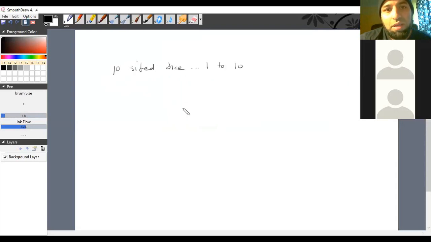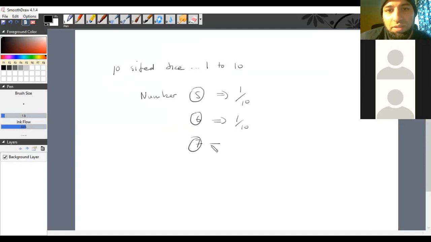Each side has a number. What is the probability of getting a number 5 if I throw that dice? Can anyone tell me? 1 out of 10. 1 out of 10, exactly. So there's a chance of getting the number 5, there's a chance of getting the number 6, there's a chance of getting a number 7. All of them have the same probability.